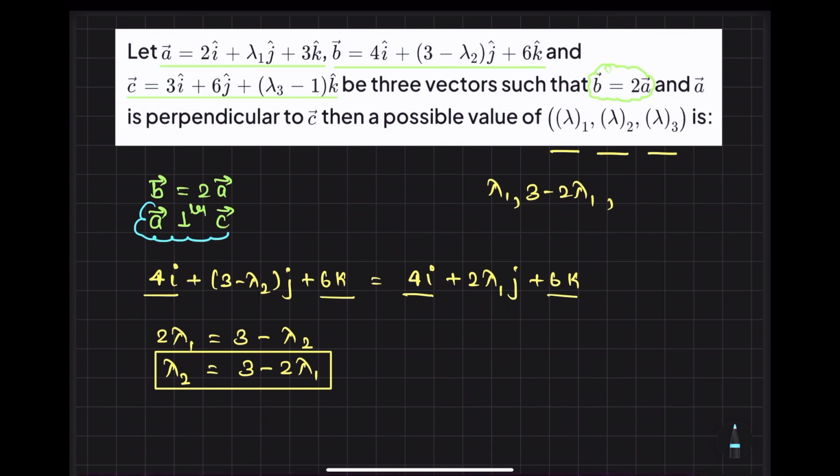As it is given that vector A and vector C are perpendicular, if two vectors are perpendicular, this means its dot product will be 0. So can I write A dot C equals 0? Now go with A dot C. So it is i with i, 6, plus 6 times lambda1 plus 3 times (lambda3 minus 1) equals 0.